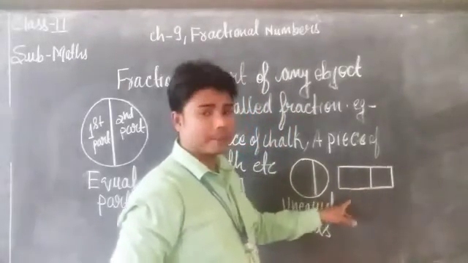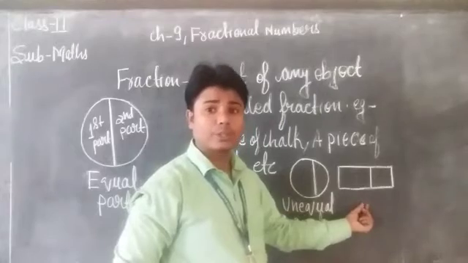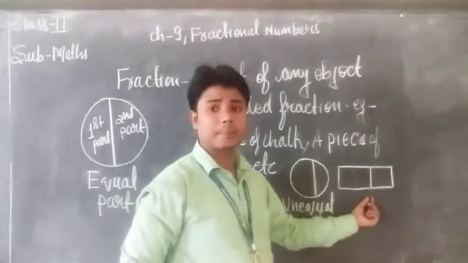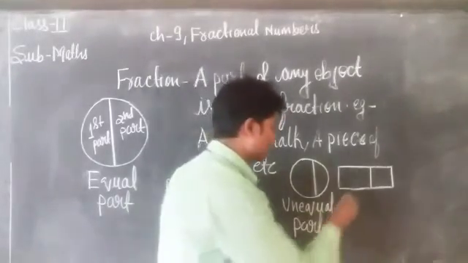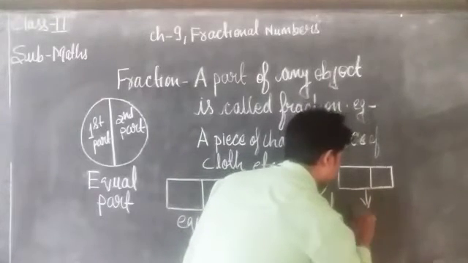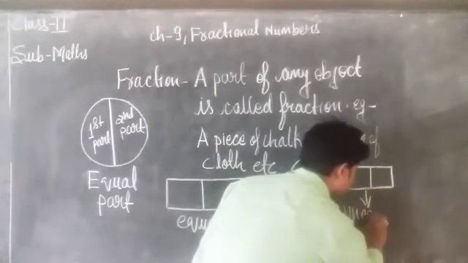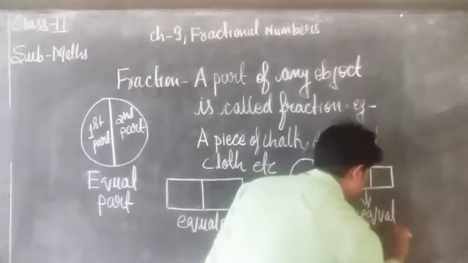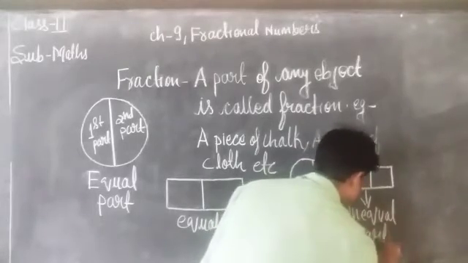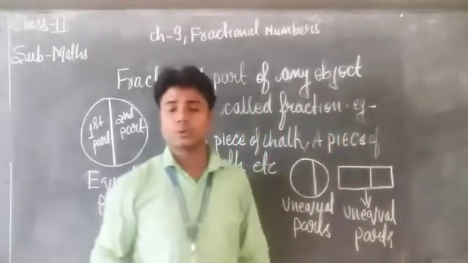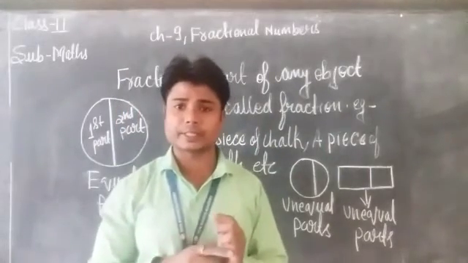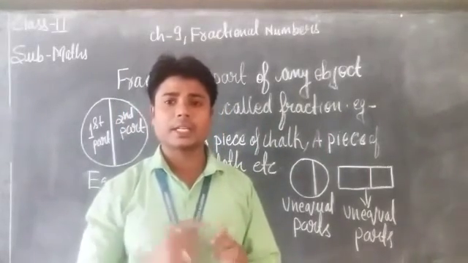It means both parts are not equal. That means it is an example of what? Unequal parts. So here also we have to write unequal parts. Hope you all have understood about fraction, equal parts and unequal parts.